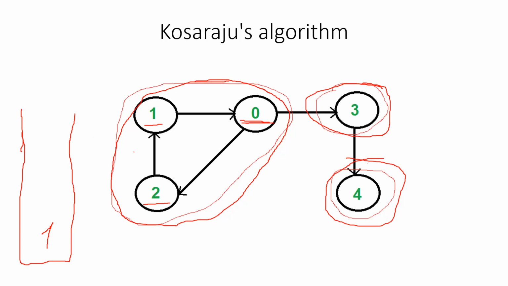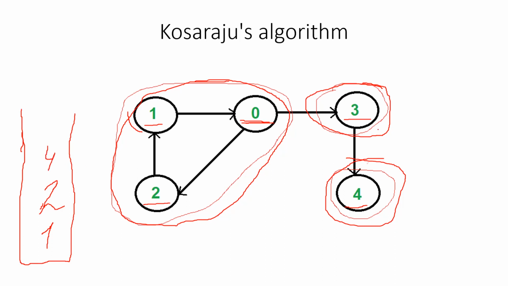Then, if you remember, in DFS we backtrack the elements. So when we finish with 1, we go back to 2, and from 2 we don't have any other neighboring elements, so we put 2 into the stack. So our stack becomes like this. Then we go back to 0, and from 0 the edge goes to 3, so we go to 3, from 3 we go to 4, and from 4 we don't have any neighboring elements, so we put 4 into the stack.